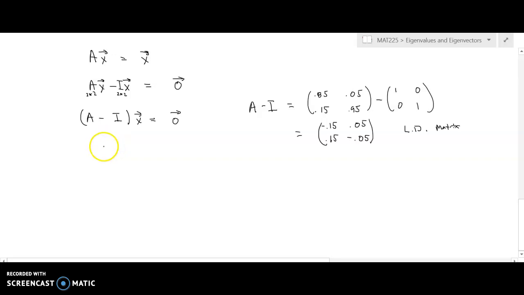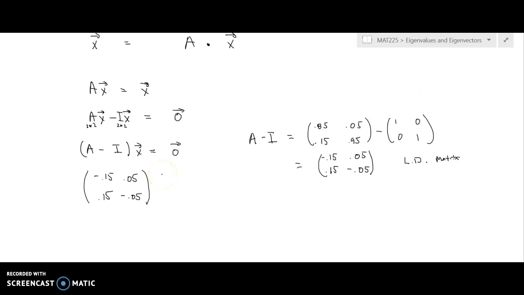So A minus I is the matrix that we've just calculated, this one here. And inside of the x vector, we just have our two, what our steady state is, our rural population and urban population, and that has to equal the 0 vector.